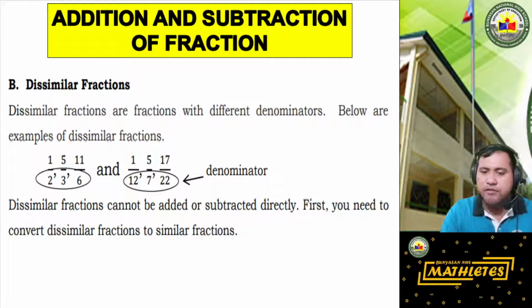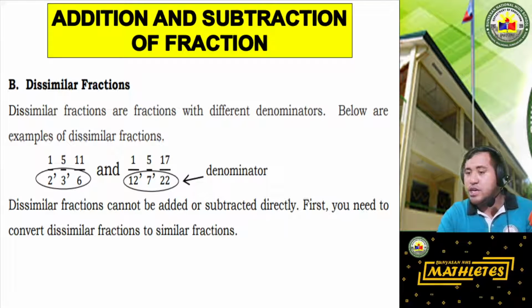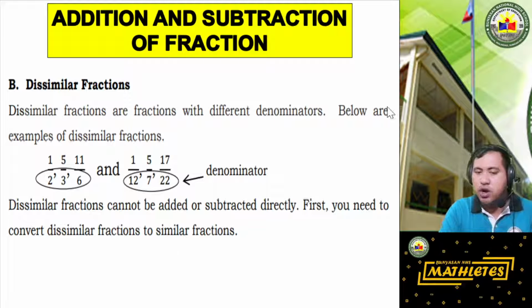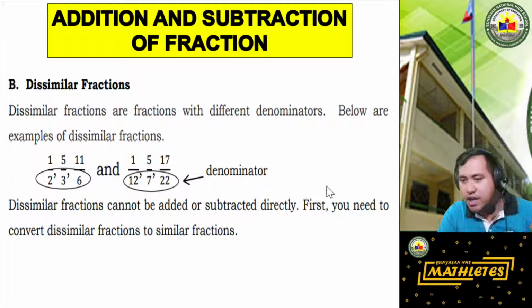We have dissimilar fraction or fraction with different denominators, as I've said. So, these are the examples of dissimilar fraction. We have 1 over 2, 5 over 3, 11 over 6, and 1 over 12, 5 over 7, 17 over 22. The denominator.